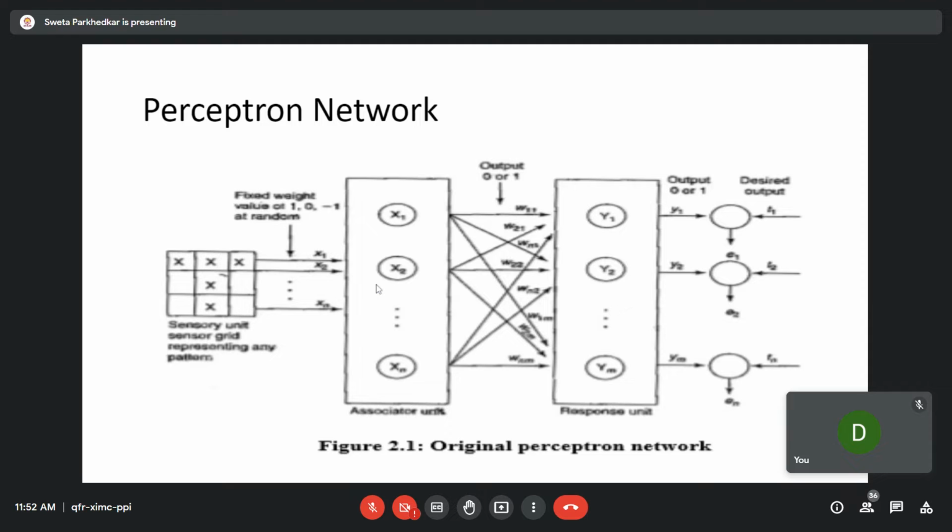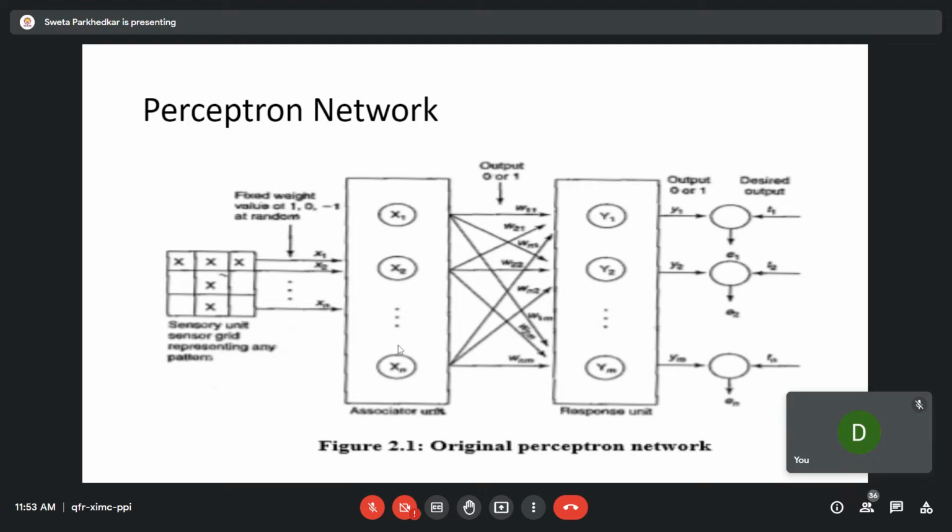And the associated unit consists of sub-circuits, which are also called feature predicates. So it will predict the features of a particular data set present at the input side, and there are sets of different sub-circuits present in the associated unit. So all these 400 detectors are connected randomly to the associated unit.